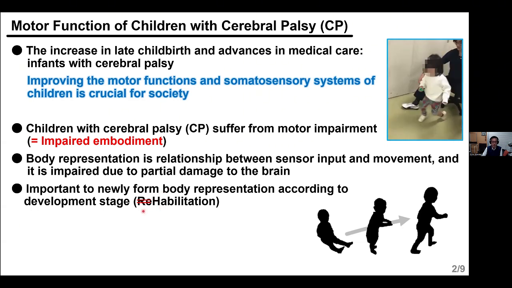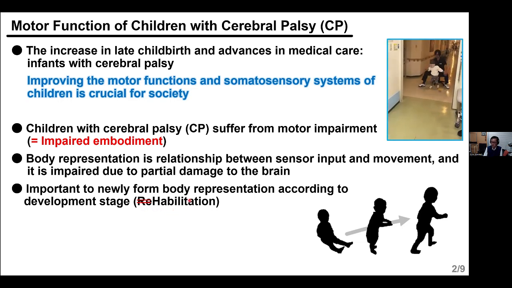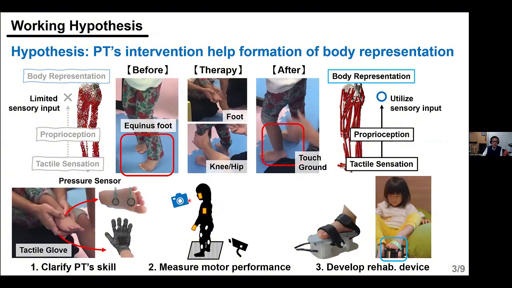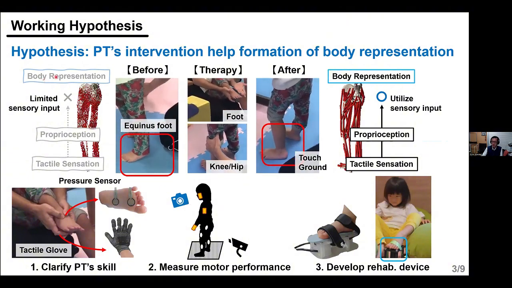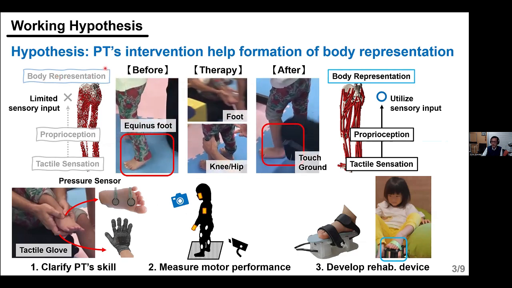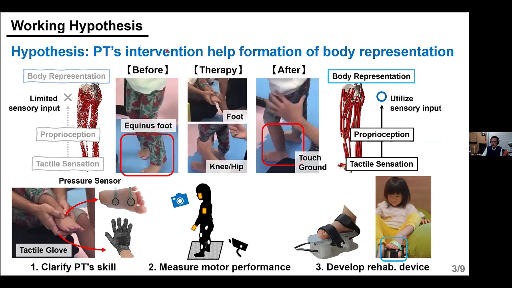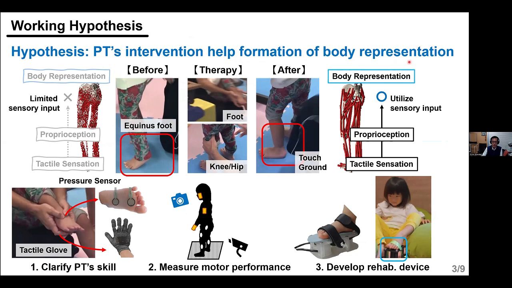So it is actually not rehabilitation, but habilitation. In our study, we focus on the intervention of the physical therapist, PT, and we hypothesize that this PT's intervention helps formation of the body representation of the children.